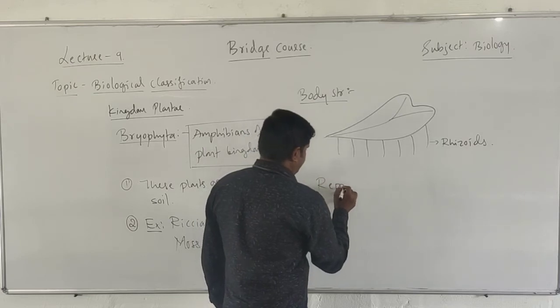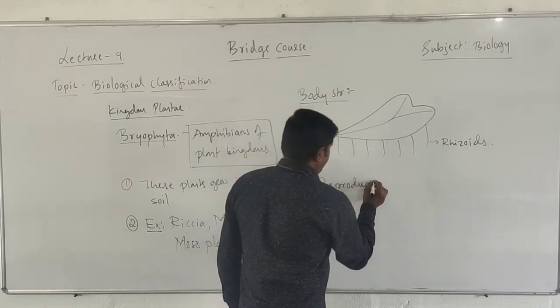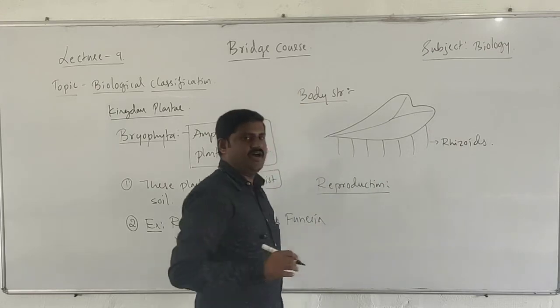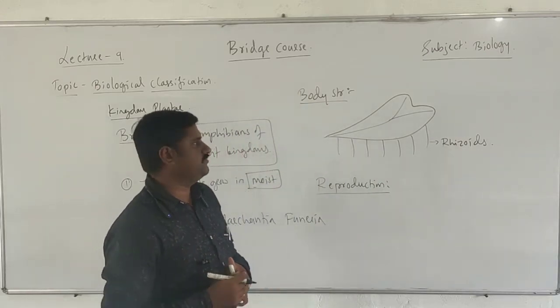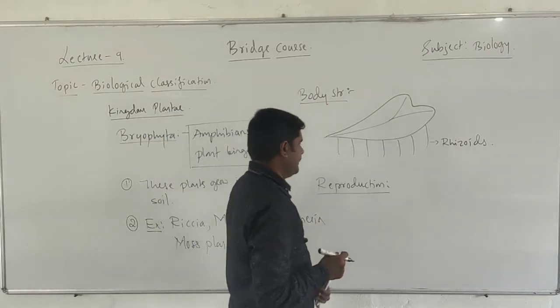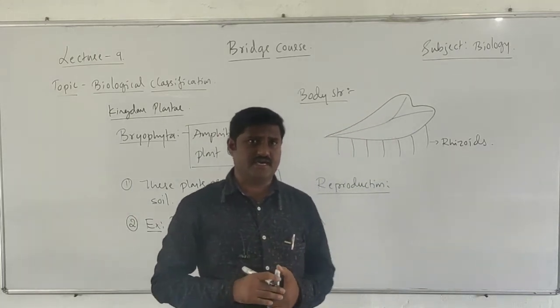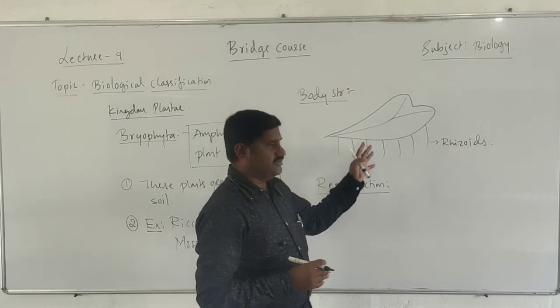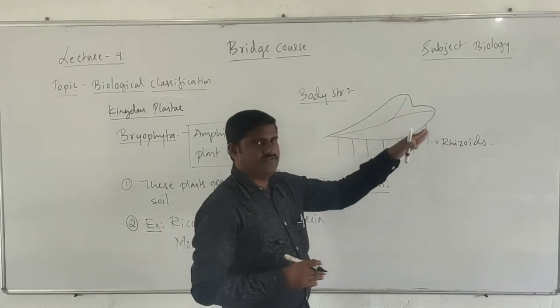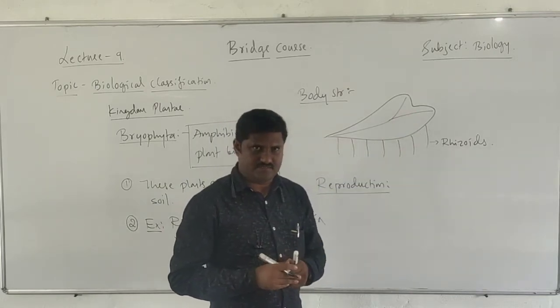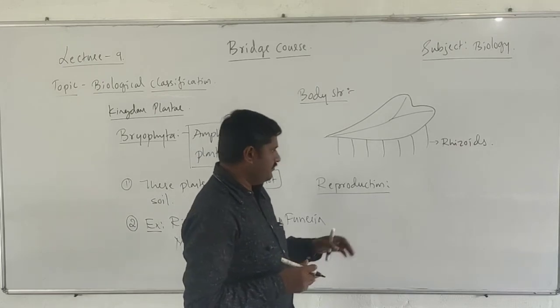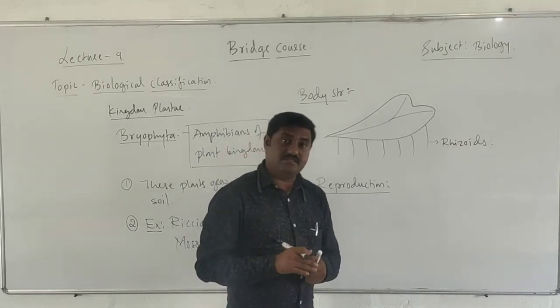Reproduction is a very important characteristic feature in these plants. It is unique in these plants. Basically, these plants are male plant and female plant, right? So the male plant produces antheridium.